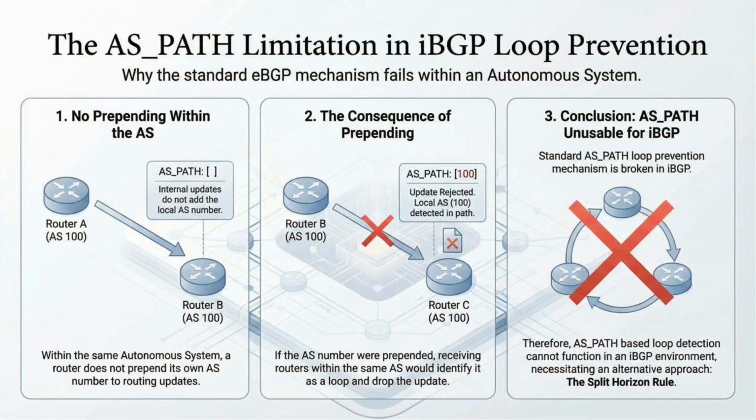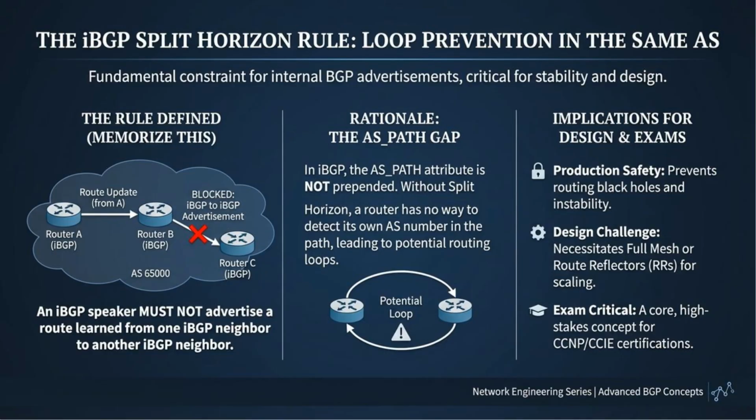BGP developers came up with a very strict rule known as the iBGP split horizon rule. The rule states a router functioning as an iBGP speaker cannot advertise a route learned from one iBGP neighbor to another iBGP neighbor. Let me repeat that because it is the most critical constraint in iBGP design. If router A tells router B about a network, router B accepts it.